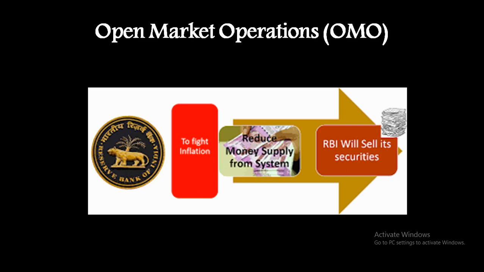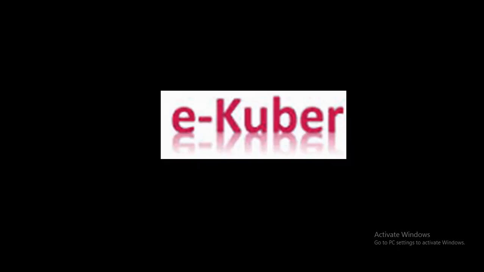Bidding takes place on the Reserve Bank of India CBS system, that is E-Kuber. There is no compulsion on the banks to purchase these G securities, but if the banks have idle money, which they have received through deposits, then they prefer to buy government securities as they can earn good interest on it and can manage their regular liabilities.